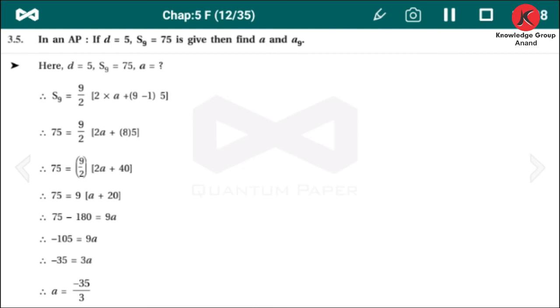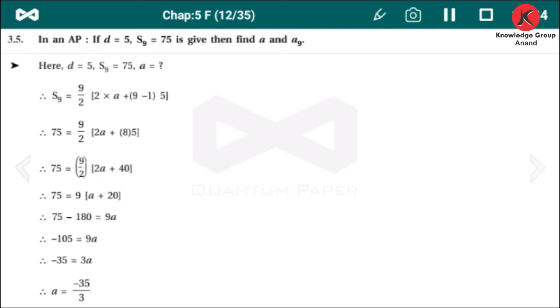S9 is equal to n by 2 into 2A plus n minus 1 into D. 75 is equal to 9 by 2 into 2A plus 8 into 5. 75 is equal to 9 by 2 into 2A plus 40. 75 is equal to 9 into A plus 20.